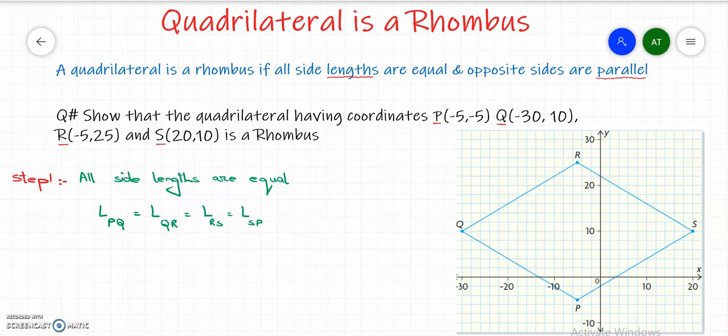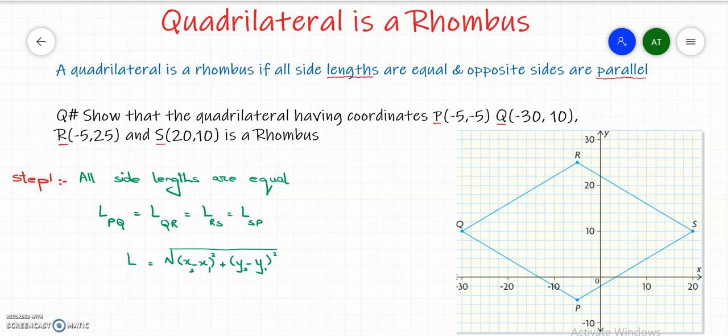For the length we have to use a formula. I have explained in one of my videos that the length of a side, or the distance between two points, has the formula square root of (x2 minus x1) whole square plus (y2 minus y1) whole square, right?